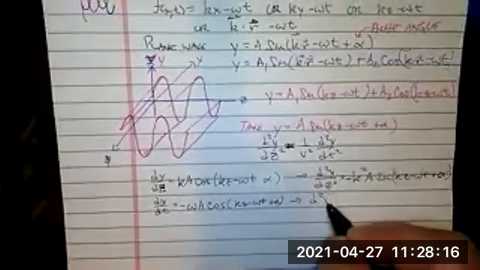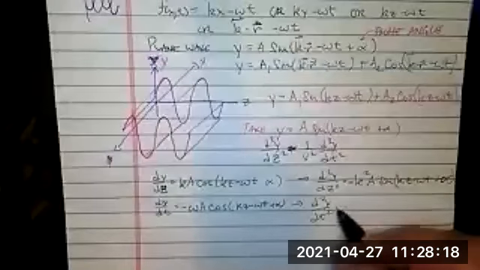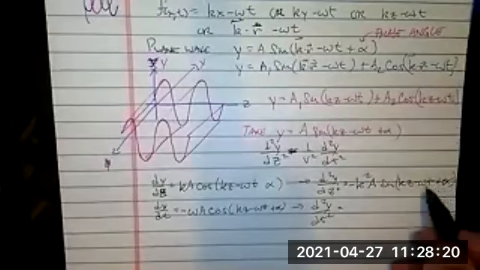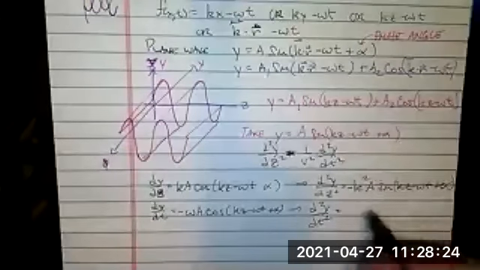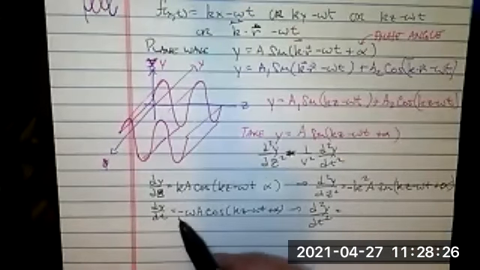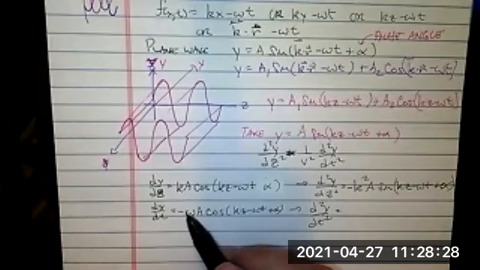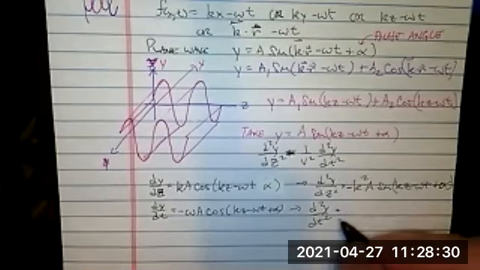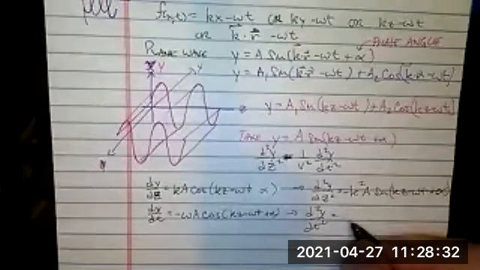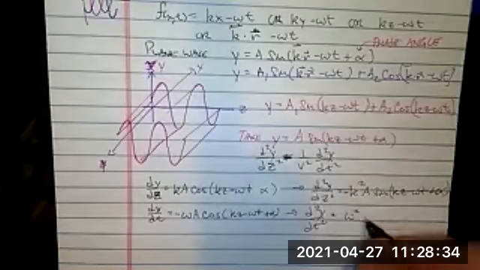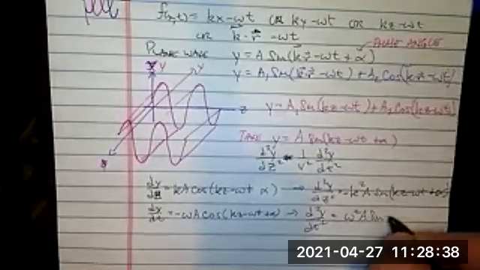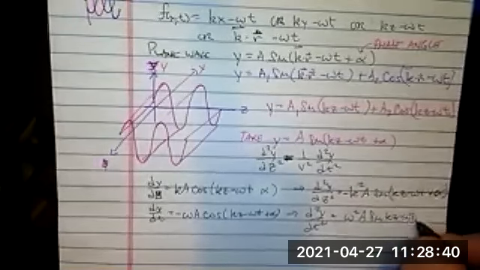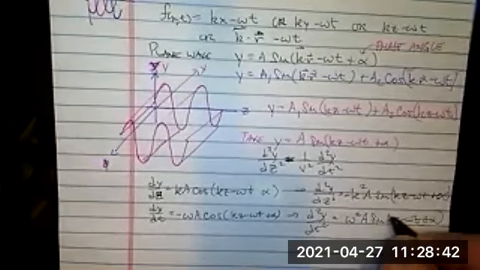And then d2y over dt squared is going to bring in another negative. This time I'm taking the derivative of cosine, so I get yet another negative. So I get a negative and a negative, which makes a positive, but then I get a third negative, and that makes it negative, I think. So it'll be negative omega squared a times sine(kz minus omega t plus alpha) again.